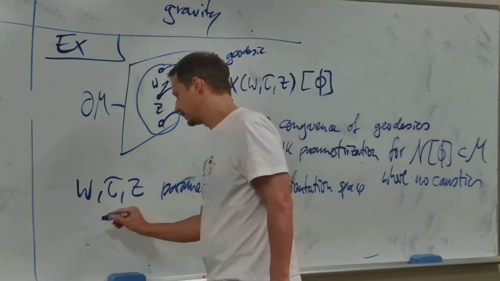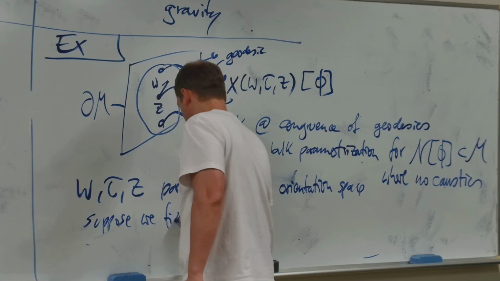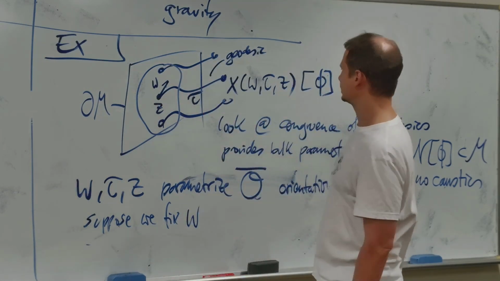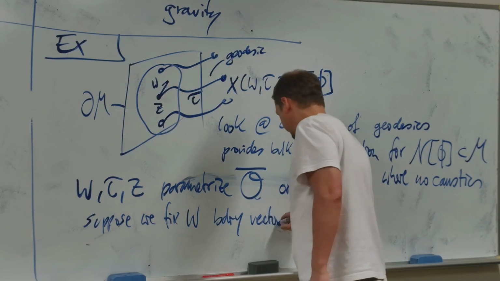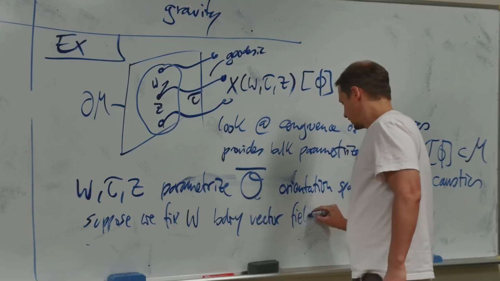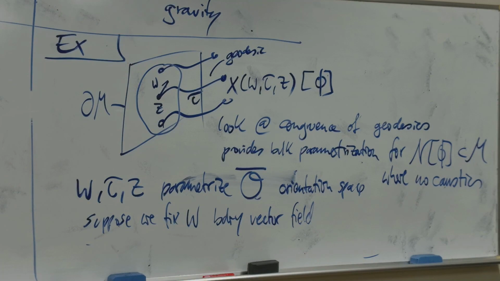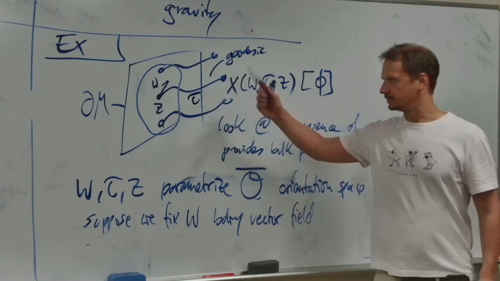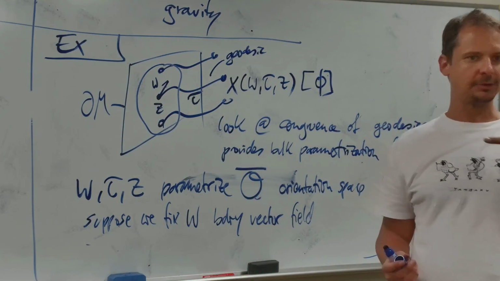The boundary vector field must be tangential to ∂M, but then the initial direction you can define in terms of the normal of the boundary.